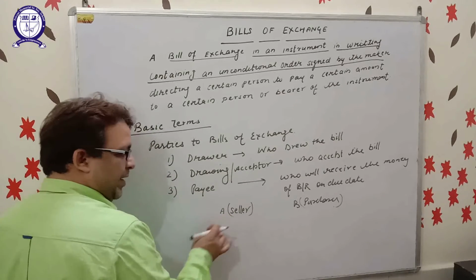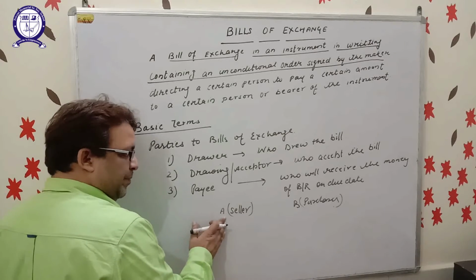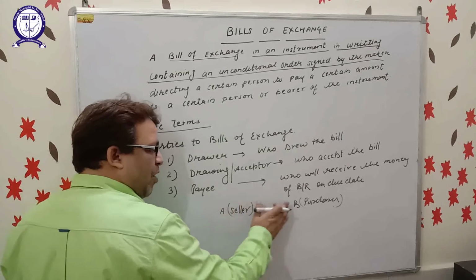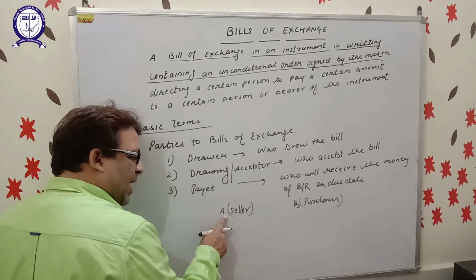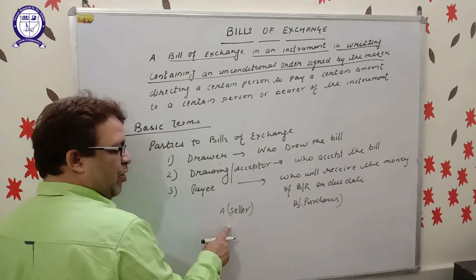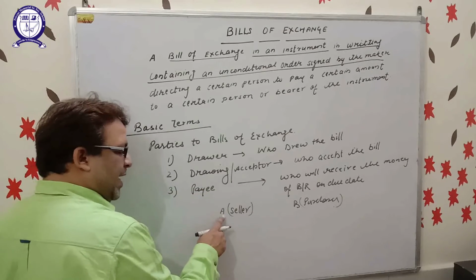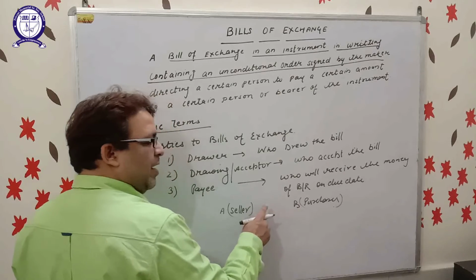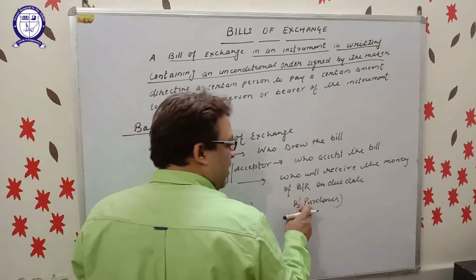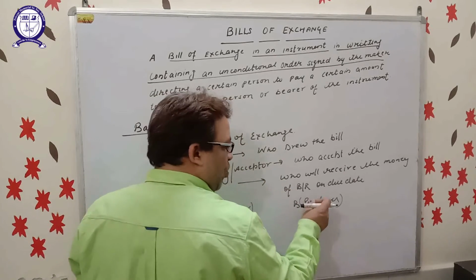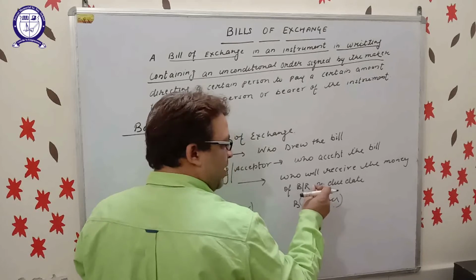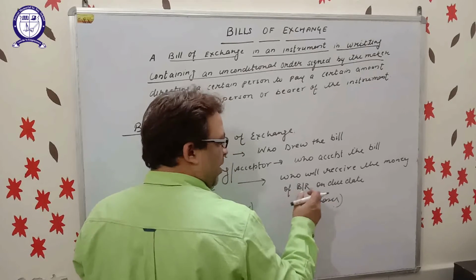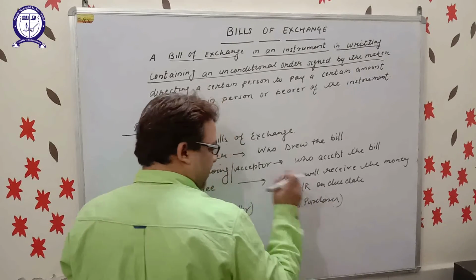A is the maker. He is the creditor. He has to take money from B. Then A will write a bill of exchange, so he is the drawer. B will sign on the bill receivable, so B is the acceptor. He is our debtor.